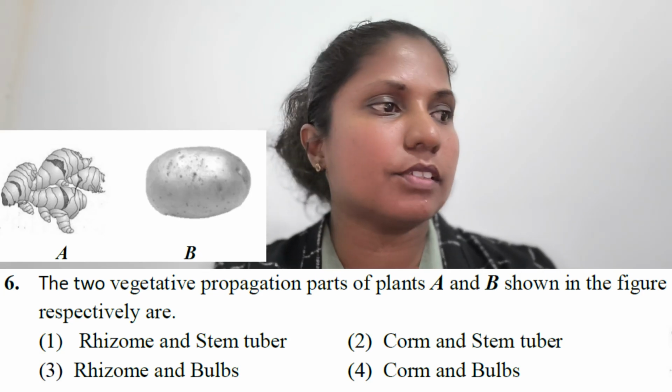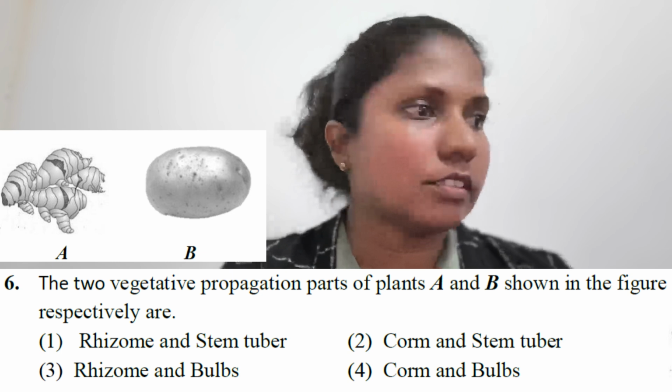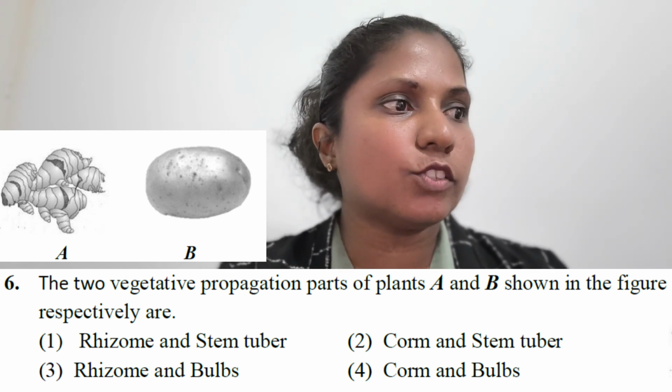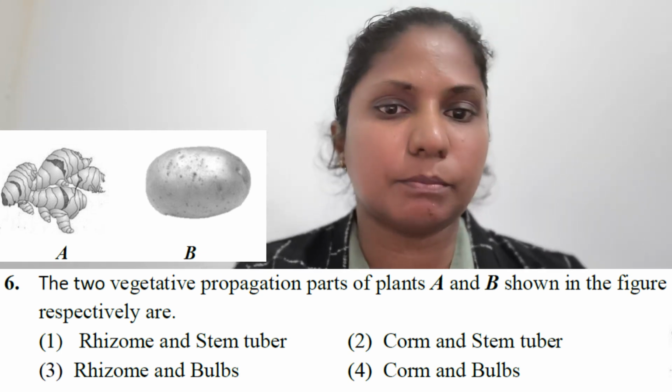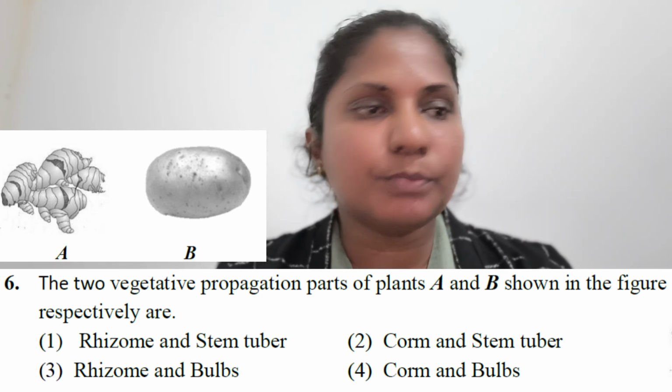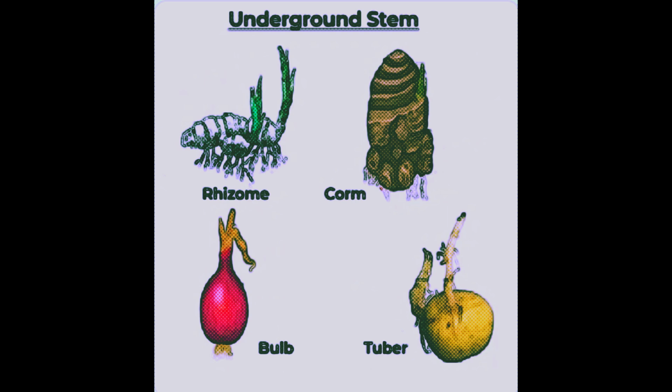Question number 6. We have to understand the 2 vegetative propagation parts of plant A and plant B. As you guys know, there are 4 types of underground stem vegetative propagative parts. The first one is rhizome, the second one is corm, third one is bulb, the fourth one is stem tuber.